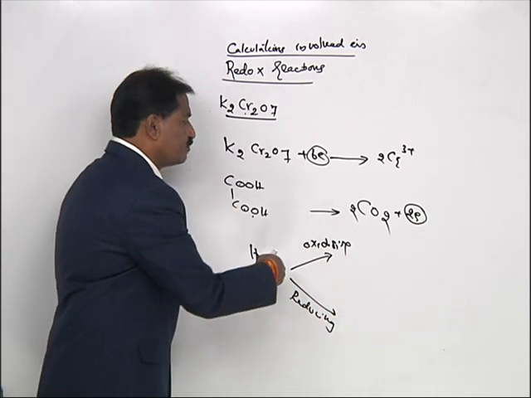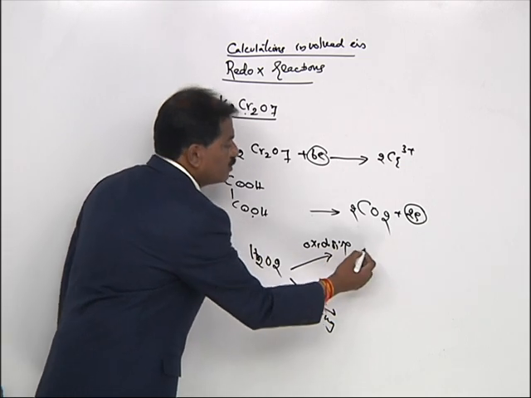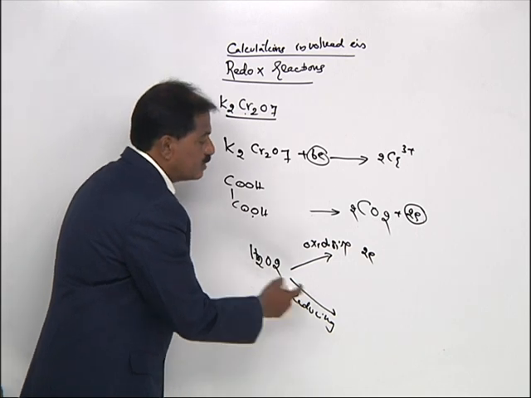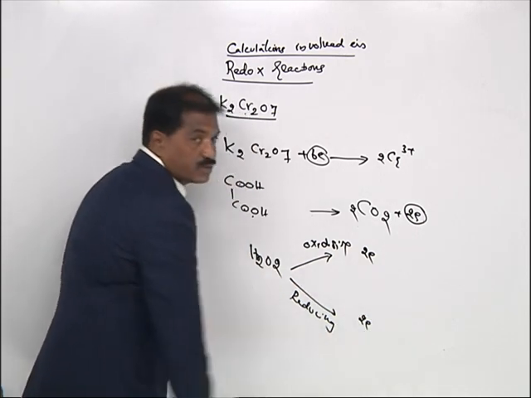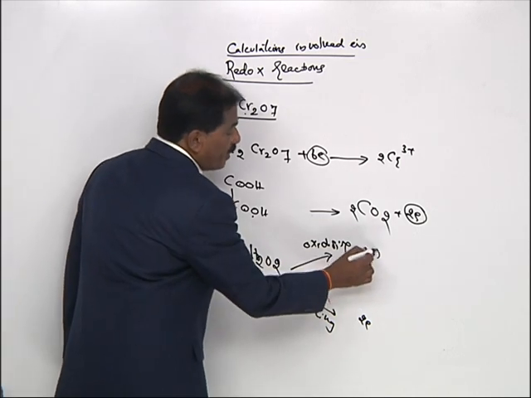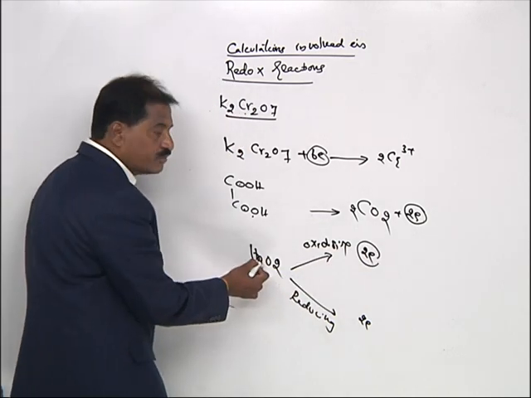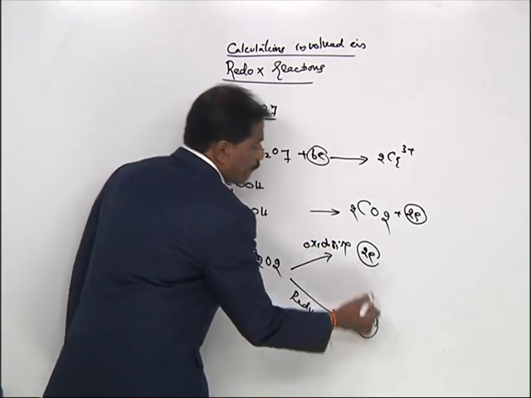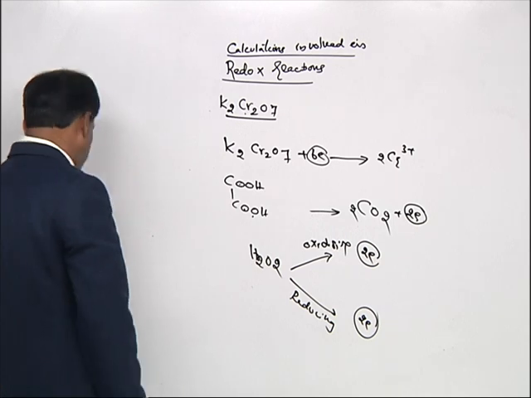Oxidizing agent means electron gainer, so one molecule will gain 2 electrons. If it acts as reducing agent, one molecule will supply 2 electrons. Therefore, the number of electrons participating per one molecule is fixed, whether it is oxidation or reduction.